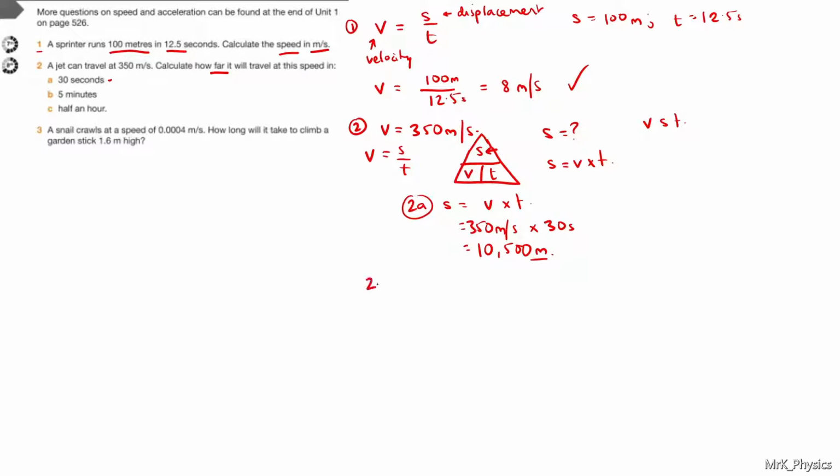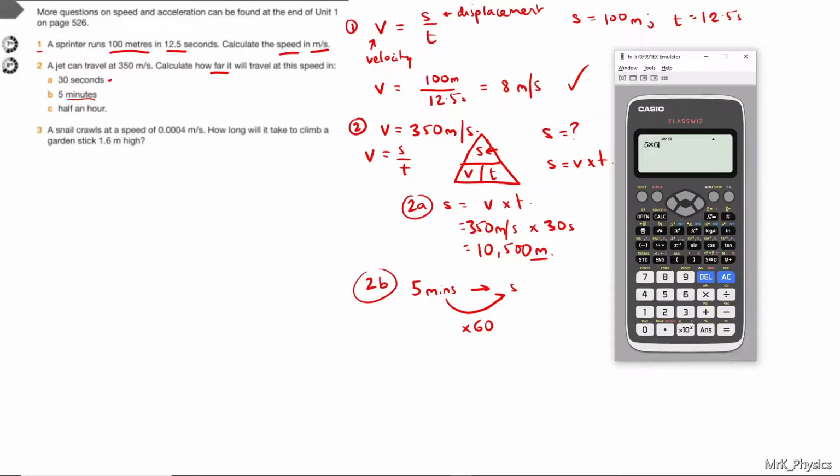Okay, so 2b. This time, look at what we've got. We haven't got seconds, we've got minutes. So what we want to do this time is convert 5 minutes into seconds. What are we going to do? We're going to essentially multiply by 60. So we've got 5 times 60 here. Why do we do that?